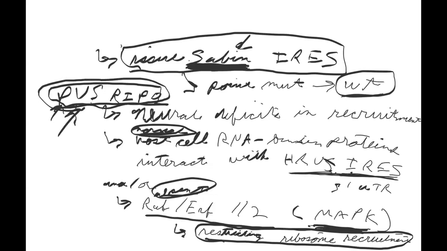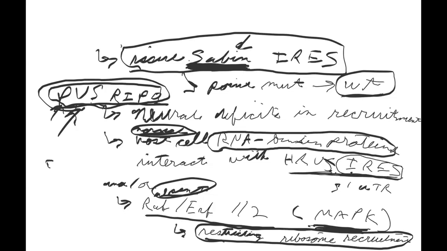Okay, so in normal cells, a normal neuron will have these RNA binding proteins that bind to the IRES region and prevent the EIF4G, 4A, 4B complex from binding.